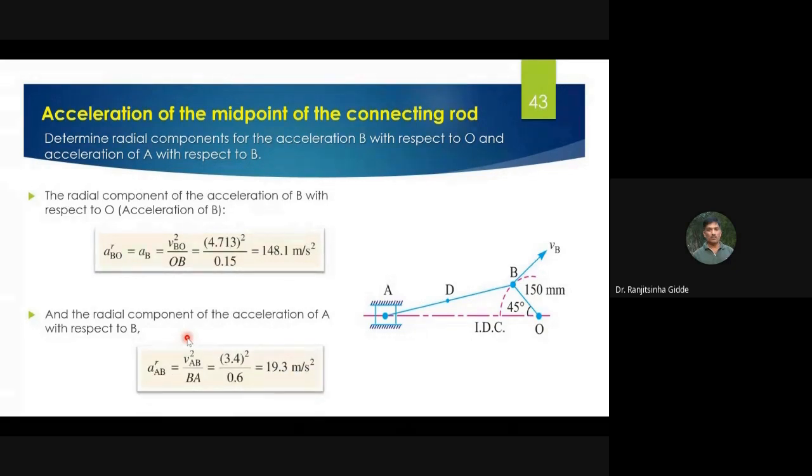So already in the previous slide we have seen VAB, and that value for VAB is 3.4. So while drawing the velocity and acceleration diagram, after completion of the velocity diagram, you should calculate velocities for various links.